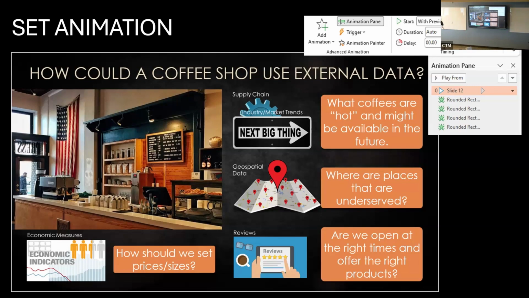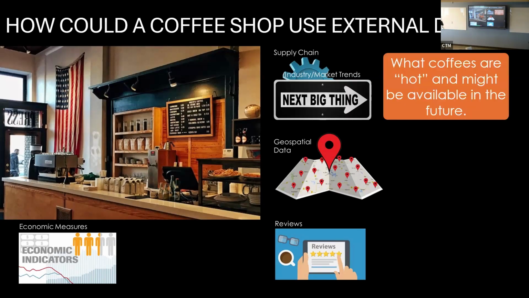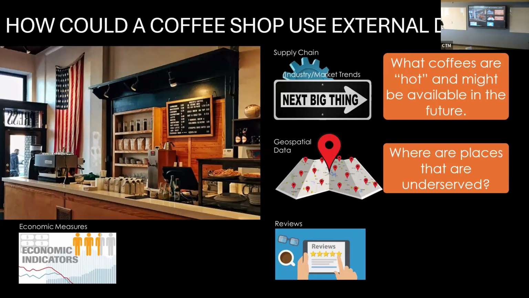So this is what it ends up looking like. Let's imagine a coffee shop owner who wants to make smarter decisions. External data can be a real game changer here. By looking at industry and market trends, they can spot what coffee varieties are becoming popular and prepare to offer them before competitors do. Geospatial data can help identify neighborhoods or areas that don't have many coffee options, perfect for planning a new location or targeting marketing efforts.